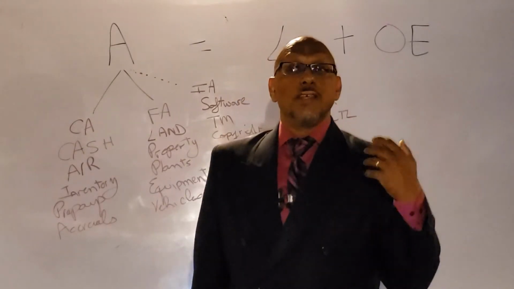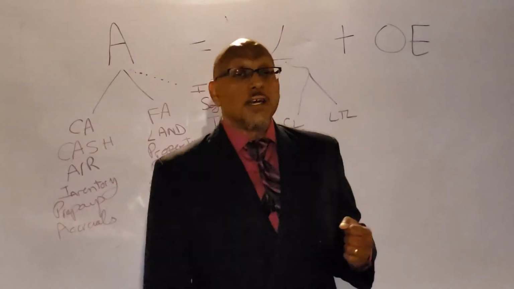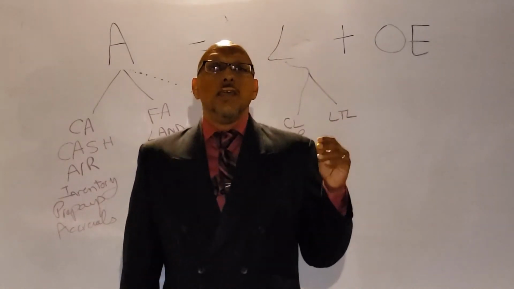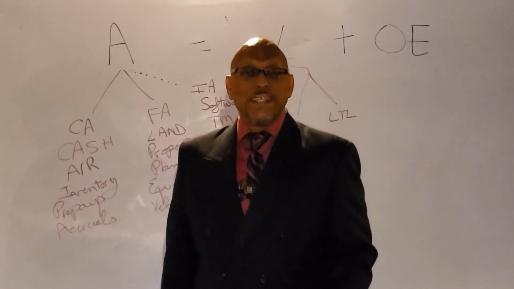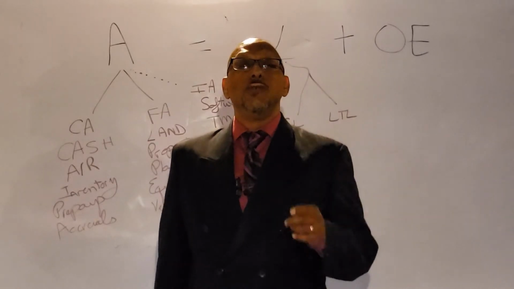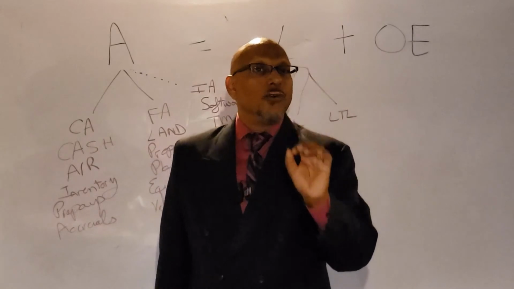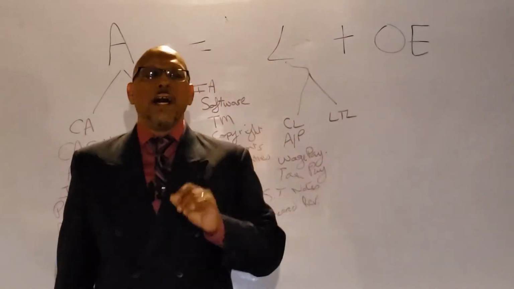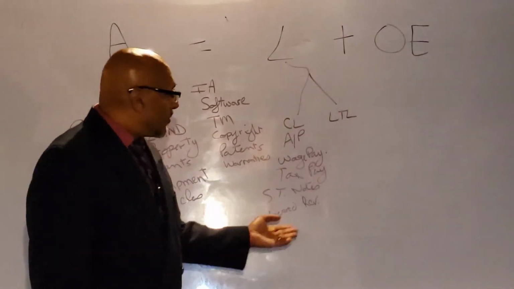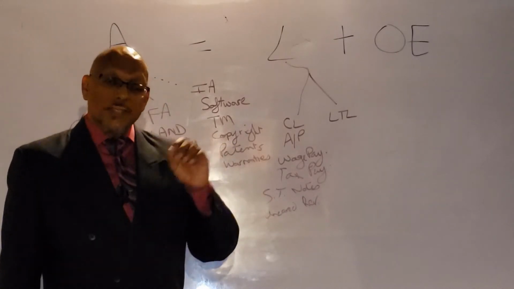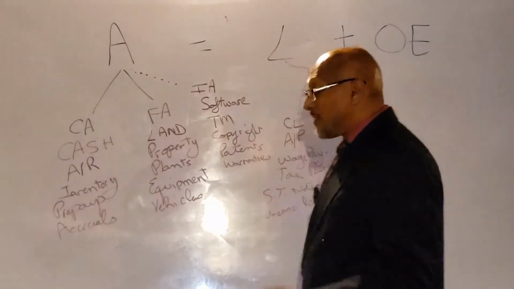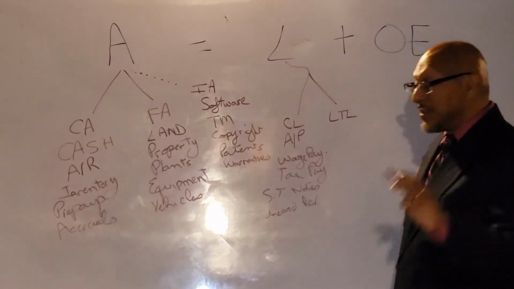So, for instance, you're paid money today, but you're going to do the job next month. That's prepaid. You did not earn that money. And because it is unearned money, it is unearned revenue. So that's where the term and the account called unearned revenue come from. We'll be dealing with that a little bit.